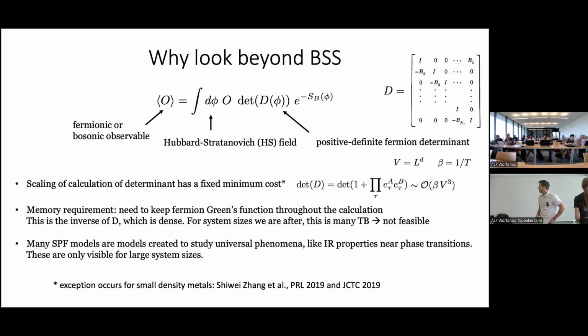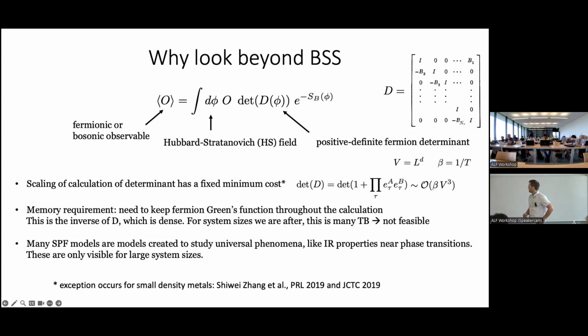Okay, so this fermion matrix in its raw form has a sparse block structure, with dimensions beta, where beta is the inverse temperature, or rather the number of time slices that you discretize in inverse temperature, times the lattice volume, so L to the D, where D is your dimension.